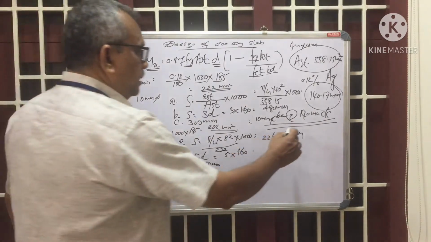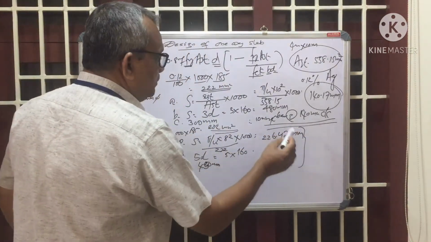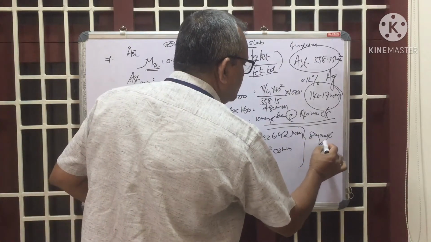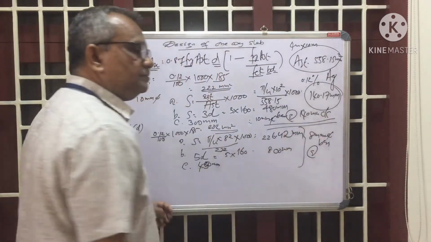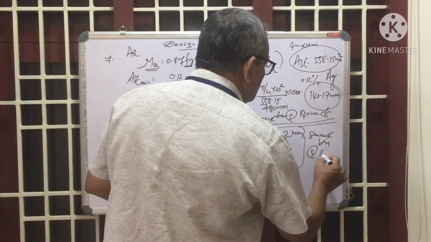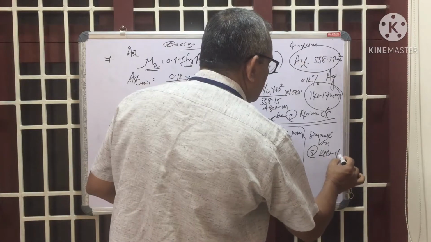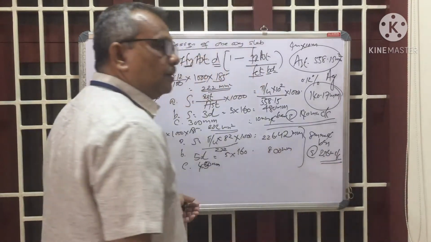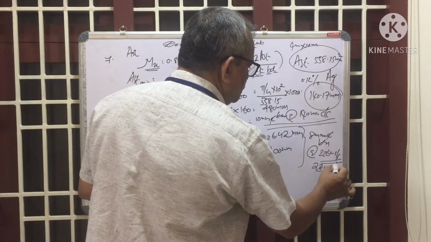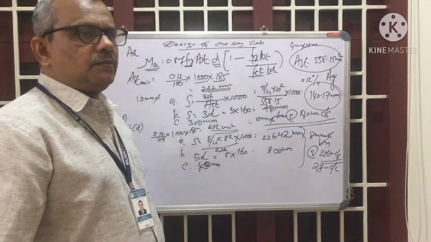Out of this, take the minimum value. So provide 8 mm dia bars at 226 mm center to center. Okay, 226 or 230, you can say, assume 230 mm center to center approximately.